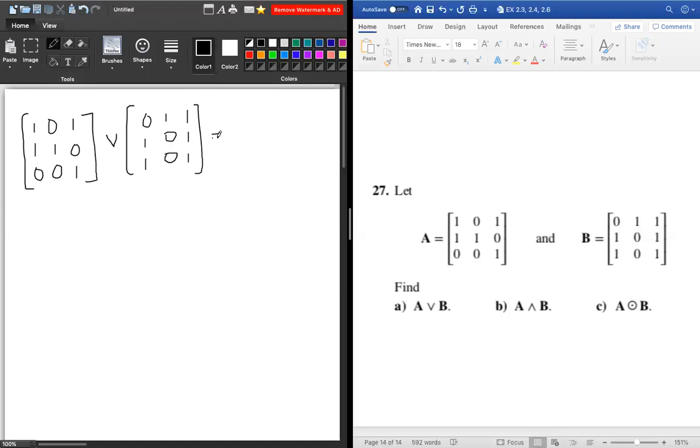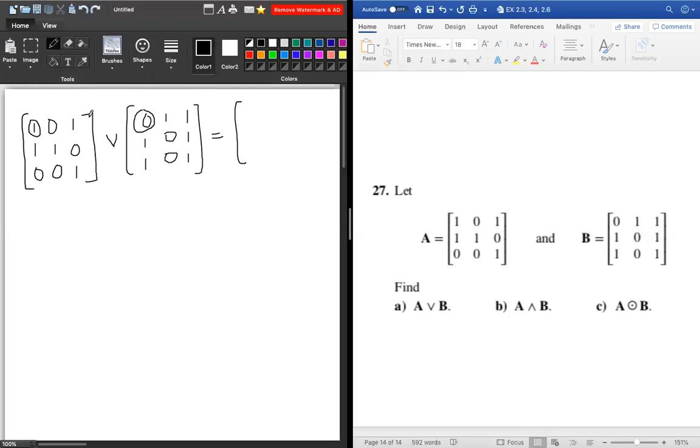Because this is an OR, we take this value and the corresponding value in the next one. So this is 1 or 0, and 1 or 0 is 1, right here.